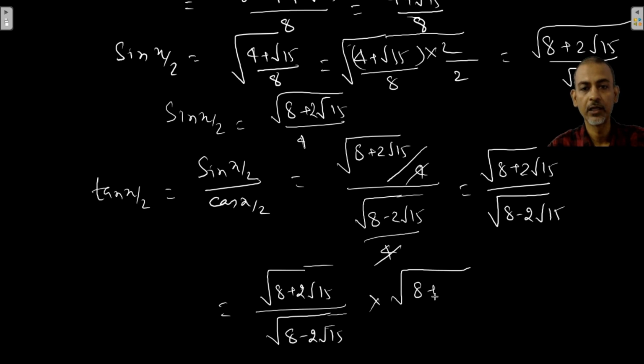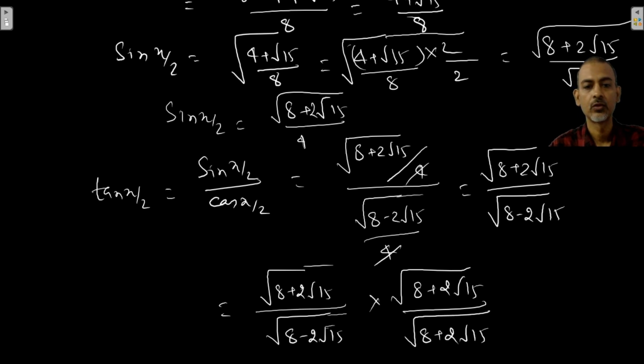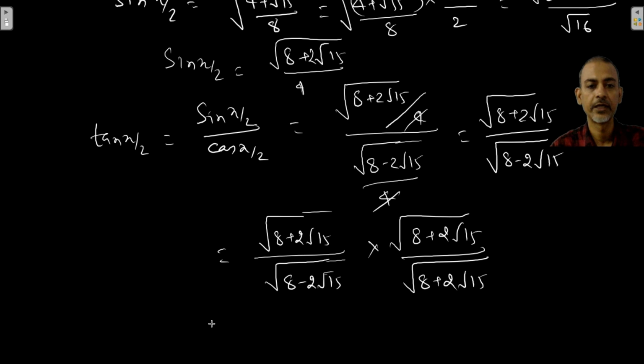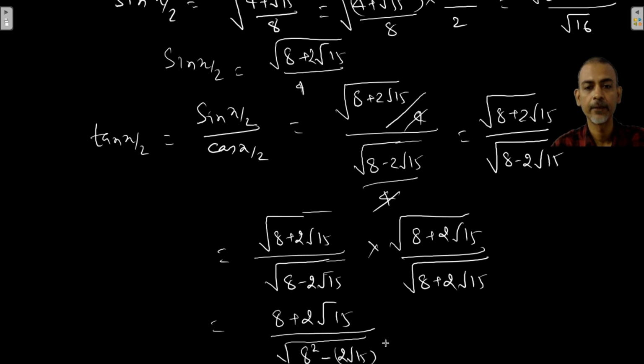So we multiply by 8 plus 2 root 15 divided by square root of 8 plus 2 root 15. So when you simplify it further, this is the same thing, so square root of this and square root of this multiplied, and then the square root will be removed, so you get 8 plus 2 root 15. In the bottom, it's a minus b into a plus b, so you get a square minus b square, 2 root 15 whole square, right?